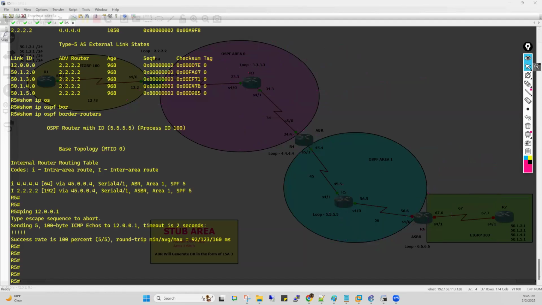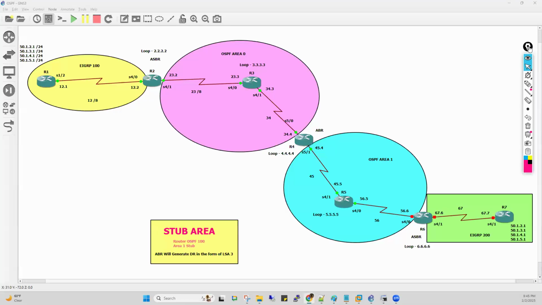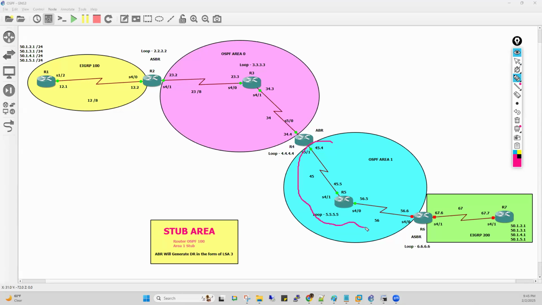Now, one thing more, guys, and this is the last thing. Here, in this area, you guys are getting external prefixes, I mean the EIGRP prefixes.